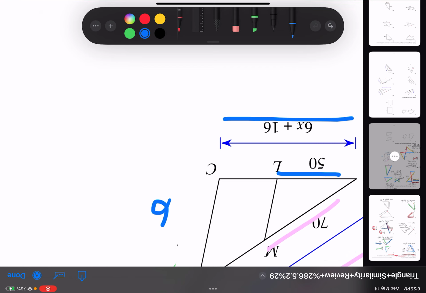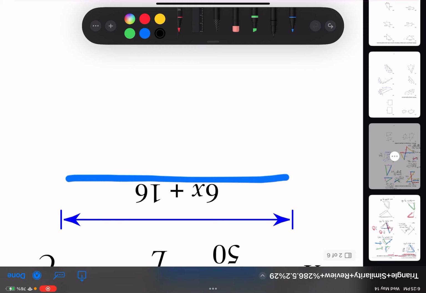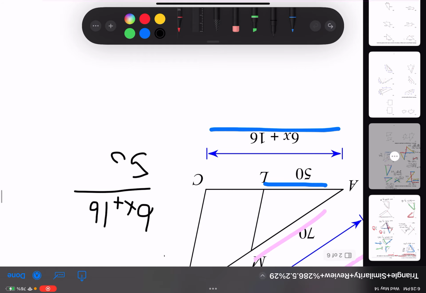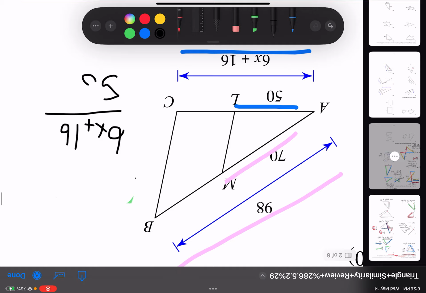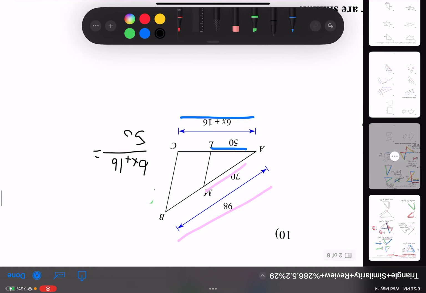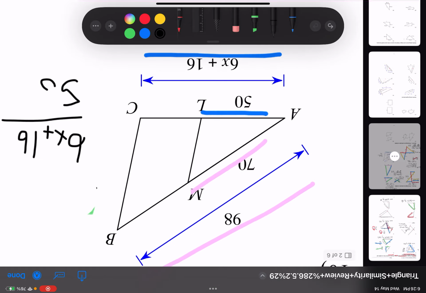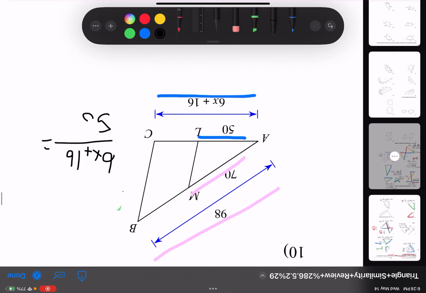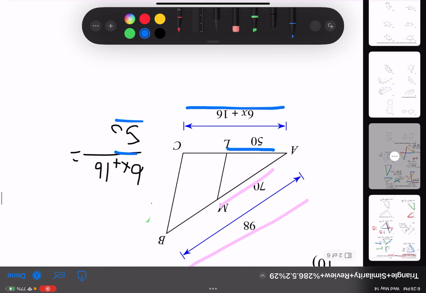Because on her answer key, she says 6x plus 16 over 50, which 6x is the bigger triangle, and this is the smaller one, and she's like big over small. So I don't know if for this one she literally means big over small. I think it's for equations like this, where you do the physical bigger side over the smaller side, with the same colors, because these are both blue right here. You feel me?